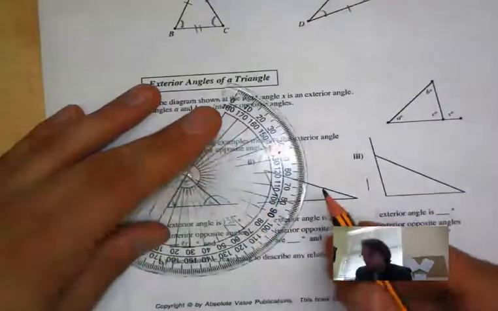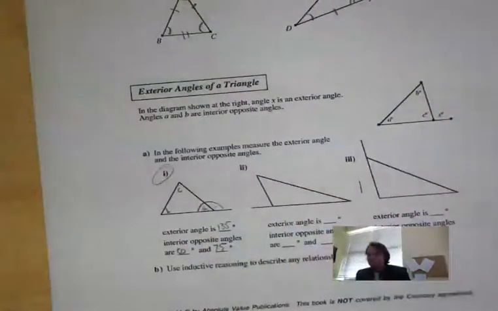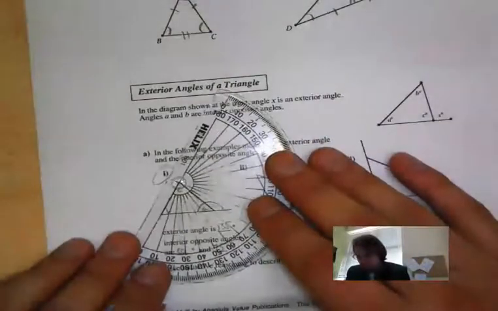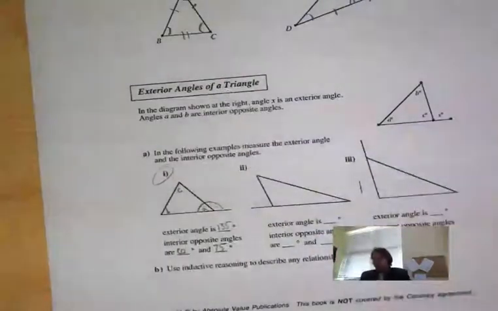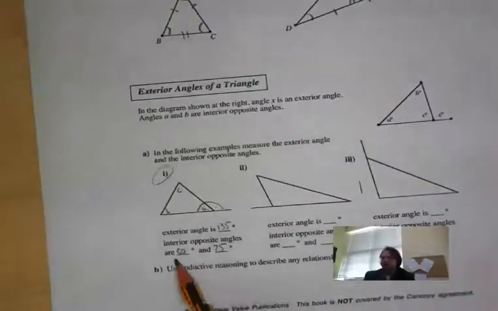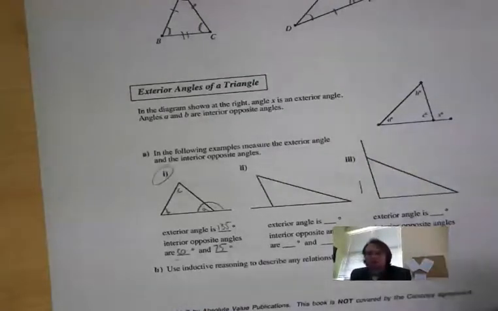It's going to be 75. So, if we add 60 and 75 together, what do we get? I want you to add these 2 numbers together. What do you see? Okay, I'll give you a minute to calculate.